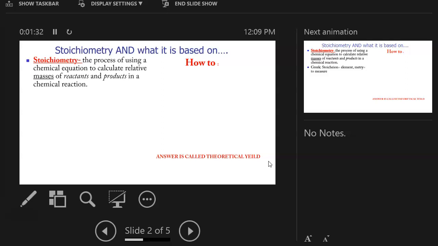It is using a chemical equation, it's using math, it's using moles to figure out theoretically how much do we need, and then how much theoretically can we actually produce. And of course, when we're doing something mathematically, it's really going to be almost perfect, but when we do it in a lab, a lot of times our theoretical amount does not add up to our actual amount because there's human errors.